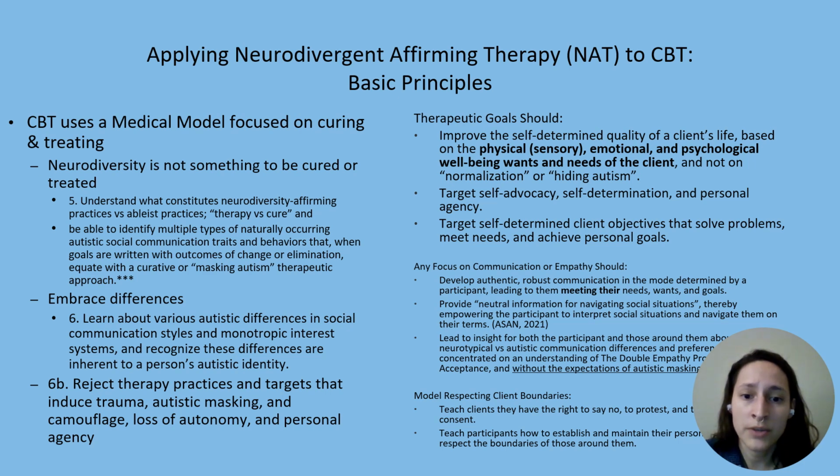Any focus on communication or empathy should develop authentic, robust communication in the mode determined by a participant, leading them to meet their needs, wants, and goals. Provide neutral information for navigating social situations, thereby empowering the participant to interpret social situations and navigate them on their own terms. Lead to insight for both the participant and those around them, without the expectation of autistic masking.